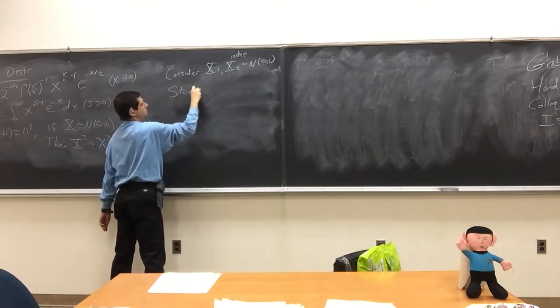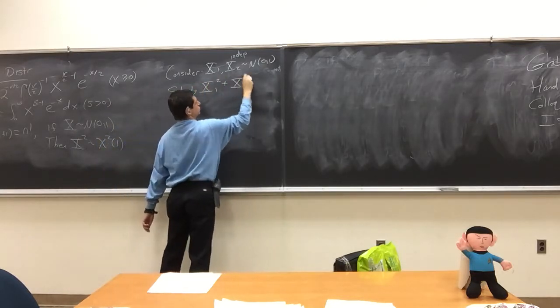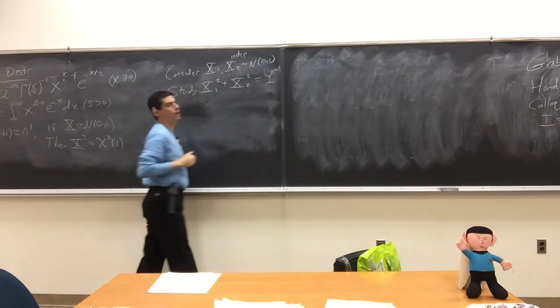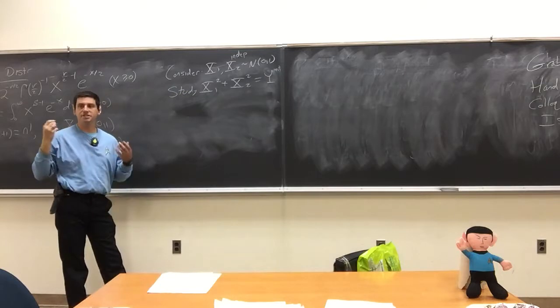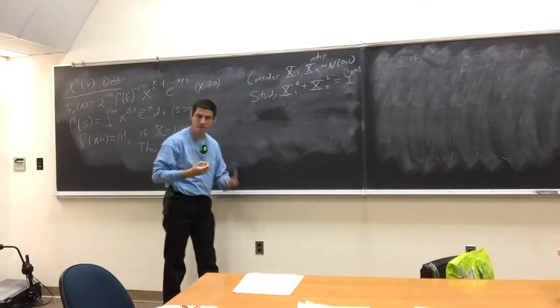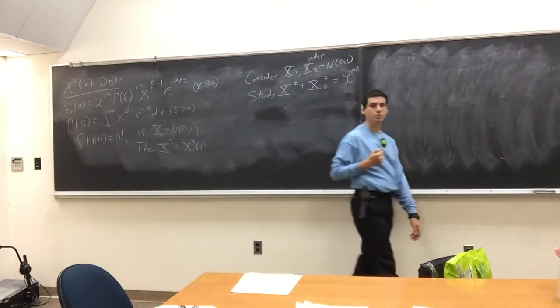We're going to study x1 squared plus x2 squared, and we'll call that y. So really this is the same as adding 2 chi-squared random variables with 1 degree of freedom.